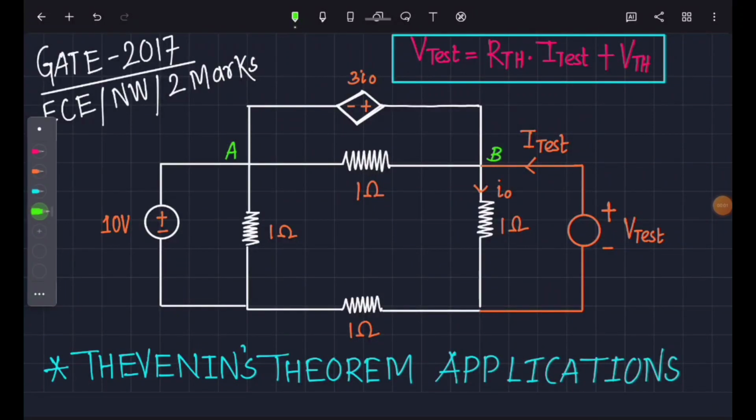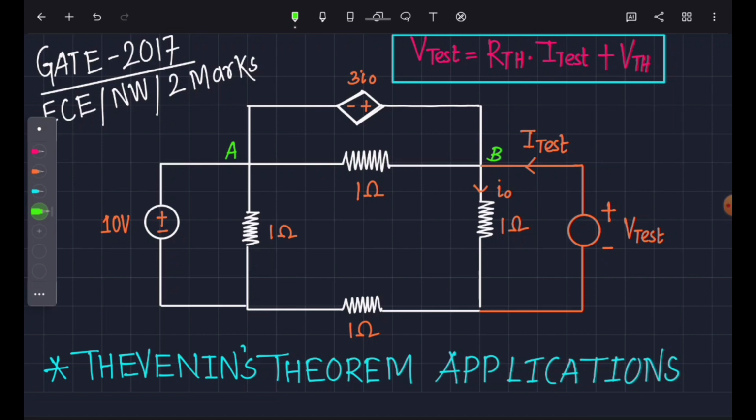Hi guys, today we'll try to understand Thevenin's theorem and how we apply Thevenin's theorem in a network through an example. In this example, I have taken a question from GATE 2017 in the electronics and communication paper.